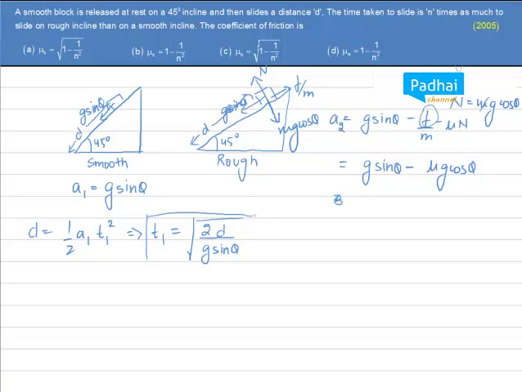Let us mark this as first equation, and d will be equal to half A2 T2 square, right? And A2 is g sine theta minus mu g cos theta. That means T2 will be equal to under root of 2d over g sine theta minus mu g cos theta, right?